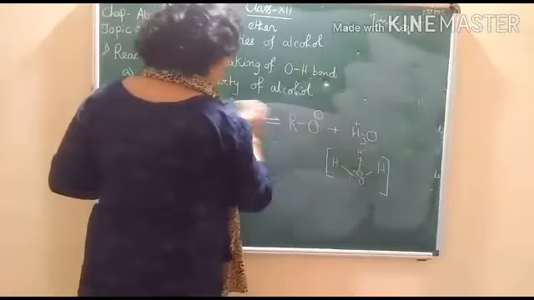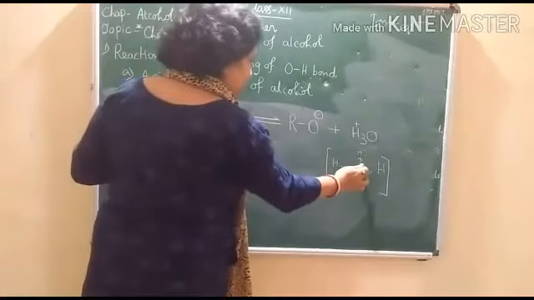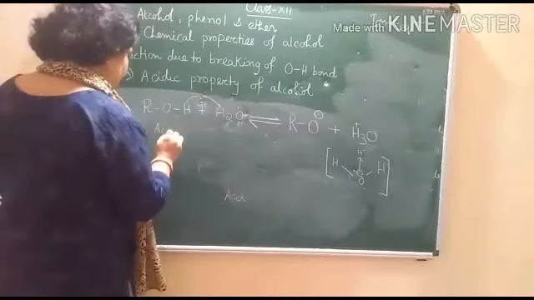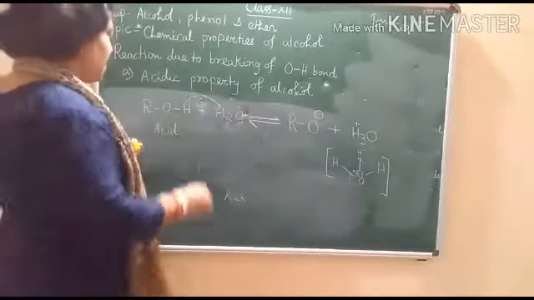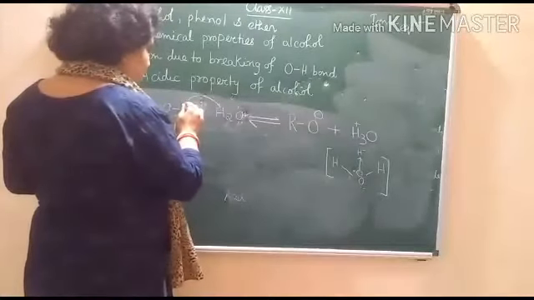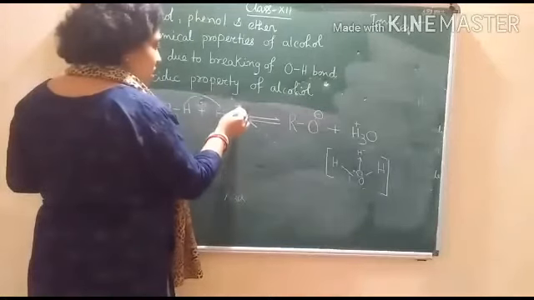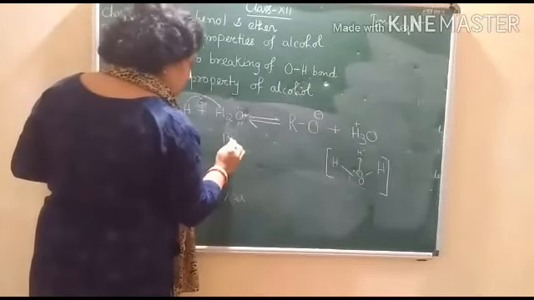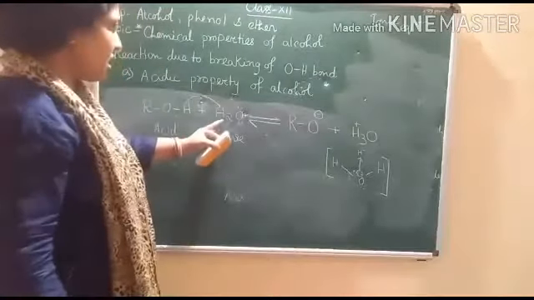So this hydrogen is accepting electron, so acid means accepting electron. And this oxygen is donating electron to hydrogen, so it will act as a base, which I have explained just before. So that is the concept.